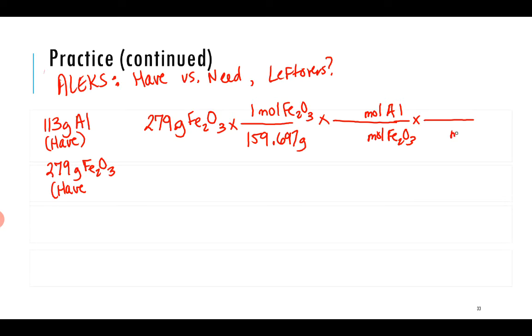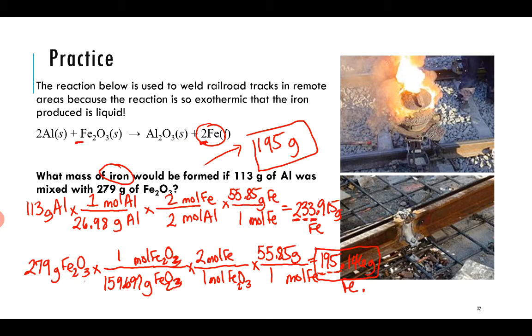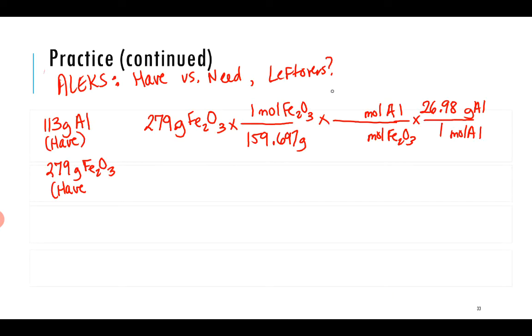And then from moles of aluminum, I would find my grams of aluminum, which is 26.98 grams. And then what were the coefficients? The coefficients were 2 and 1.